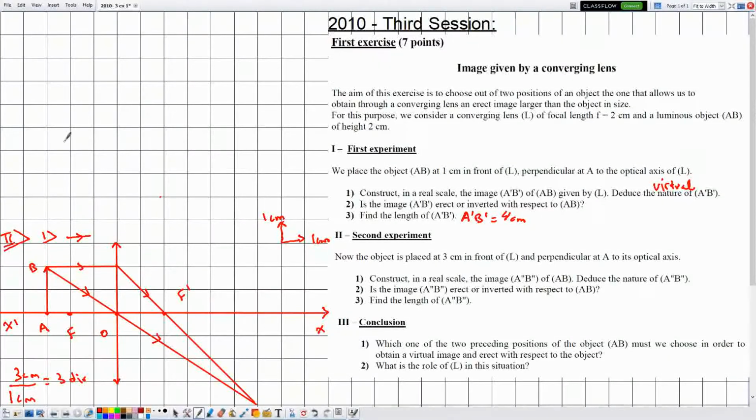Now let's justify the path of these rays. An incident ray issued from B parallel to the optical axis emerges passing through the image focus.